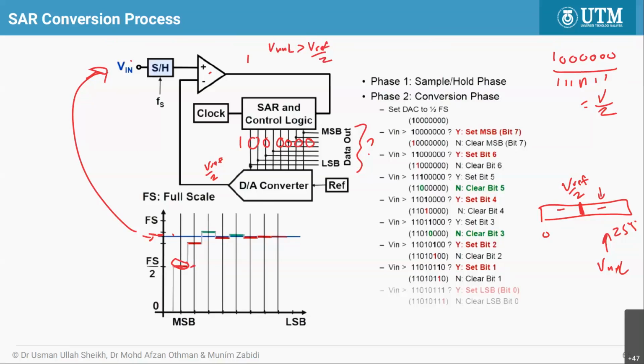First clock cycle, what does this step do? It just fixes that. It only knows that so far we know that the first bit is 1, but the rest we do not know yet. We need more clock cycles to check the other bits.